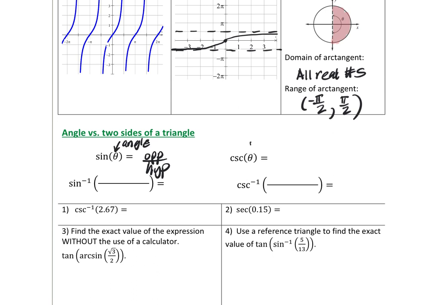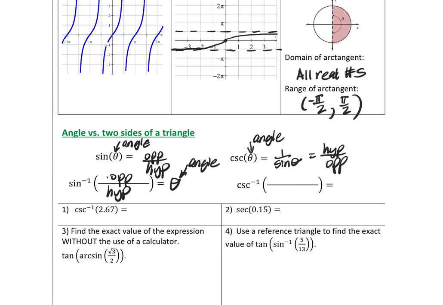Cosecant of our angle, and again, that's an angle measurement, would be the reciprocal of that, which is 1 over sine, which I could say is hypotenuse over opposite, though I don't really memorize it or anything like that. So if I do inverse sine, I'm saying that the inverse sine of opposite over hypotenuse is equal to theta. So my angle is out here. I'm just wanting you to make sure you recognize that.